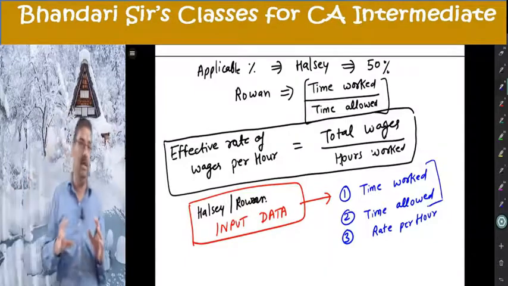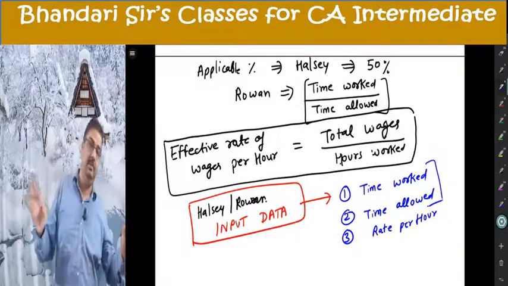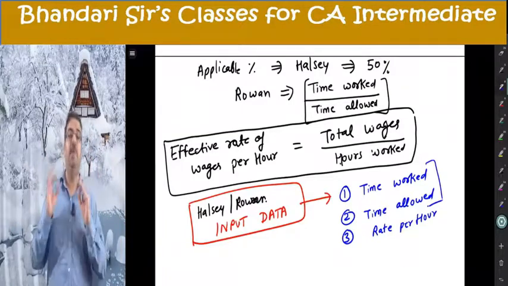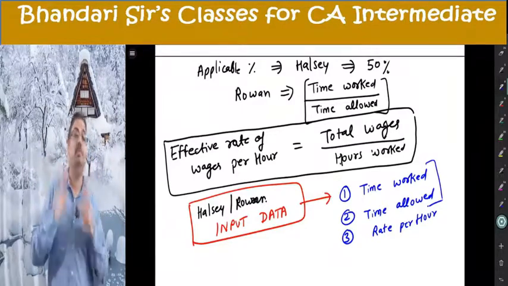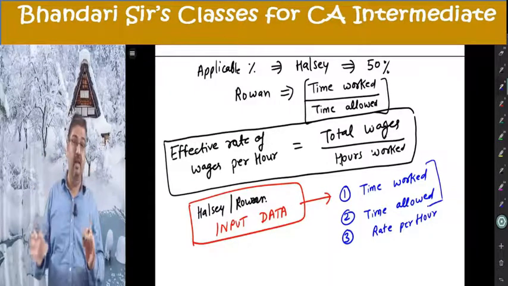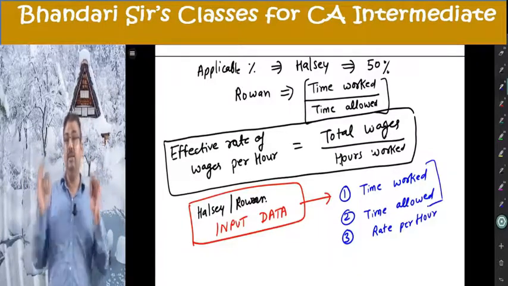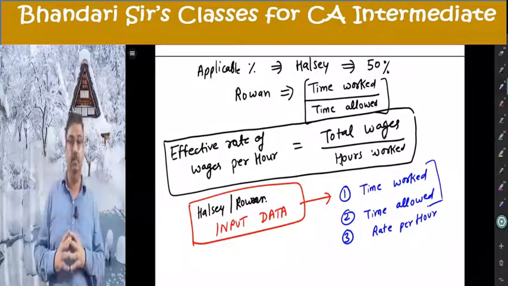I repeat once again, total wages for an efficient worker is basic wages plus bonus. Basic wages is time worked into rate per hour. Bonus is a specific percentage multiplied by time saved into rate per hour. Time saved is computed as time allowed minus time worked.